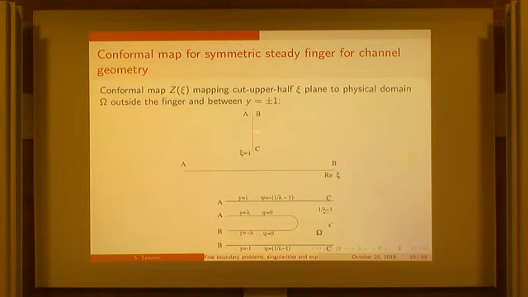The main point to remember is that the interface corresponds to the real line, and these walls correspond to the two sides of this cut, right? And for the symmetric finger, I will come to that. So this is the mapping function we're looking at, capital Z as a function of zeta. We'll take this cut upper half plane into this flow domain. We'll look at that conformal map. We call it capital Z of zeta. Okay, this is the zeta domain.